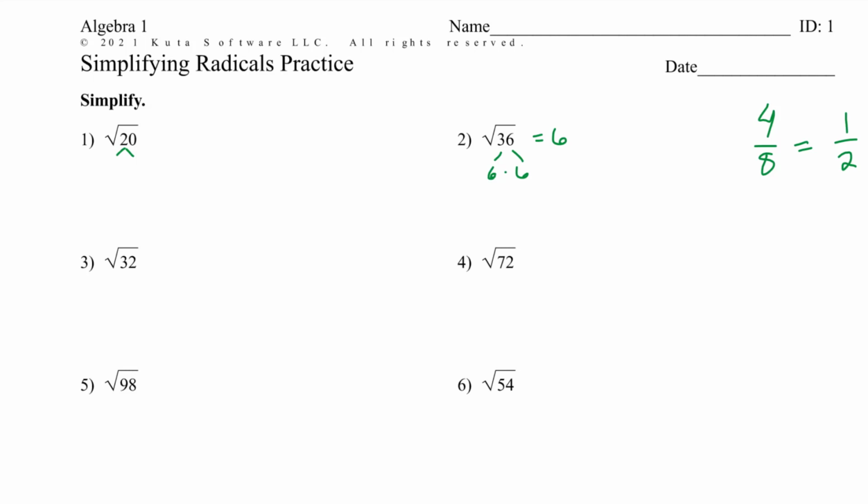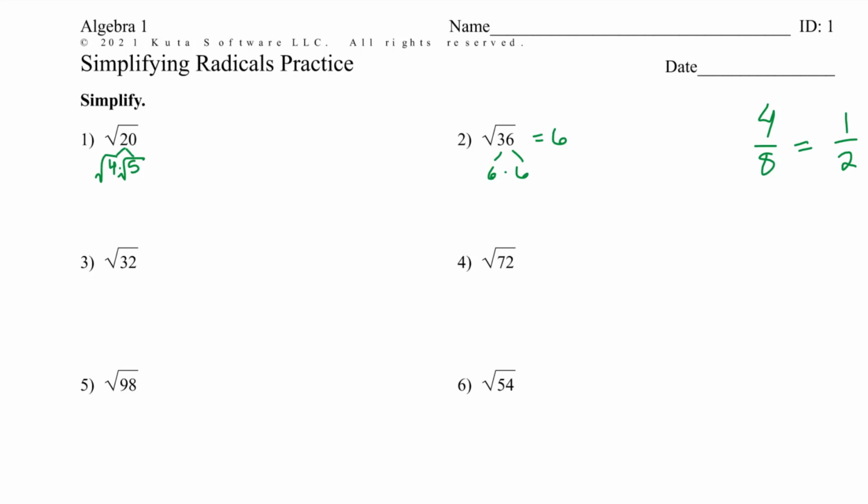So 20 is a great example for this because there's only a couple things you can think of that multiply to get 20. One of them is 4 and 5, and that's helpful because the square root of 20 is the same as saying square root of 4 times square root of 5.